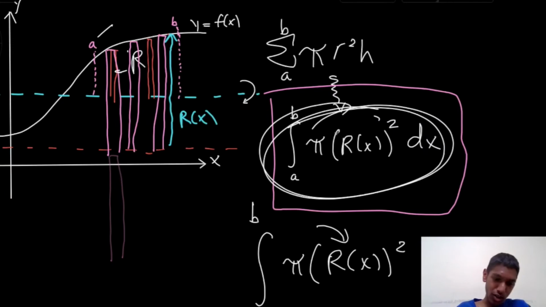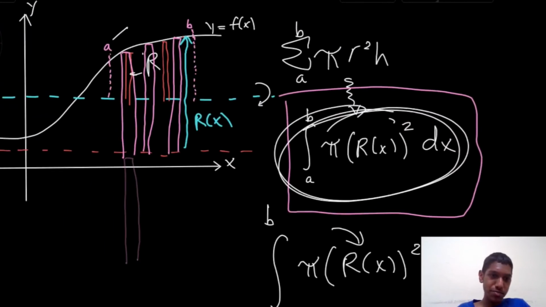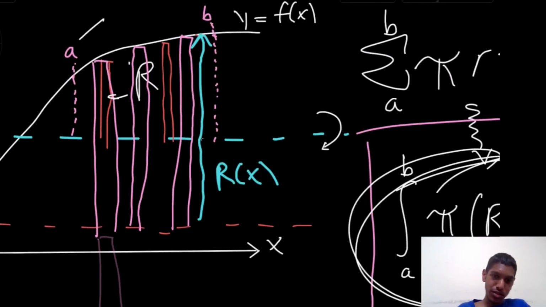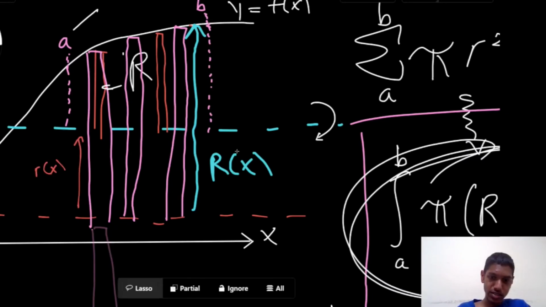So this smaller r we'll call r of x squared dx, and in this example, that's this right here. So this is r of x, small r of x. And let me remove big R for clarity.